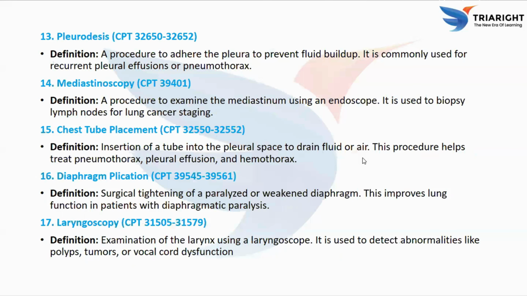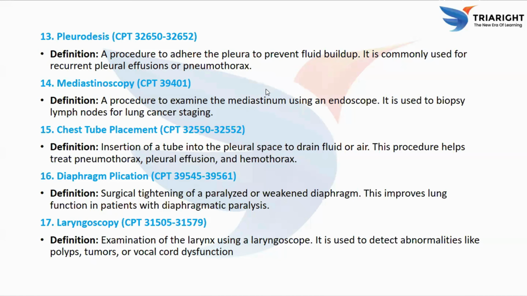Next procedure is pleurodesis. Pleurodesis is a procedure where the pleural layers are intentionally stuck together to prevent repeated fluid or air collection. How does it work? A chemical or mechanical irritation is used. This causes inflammation, which results in scarring, which results in pleural adhesion. Why is it done?